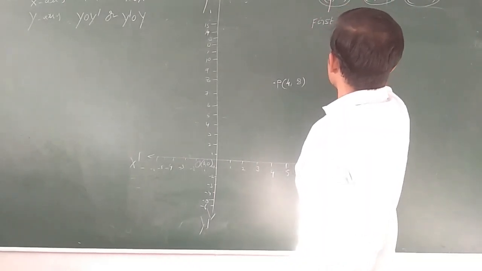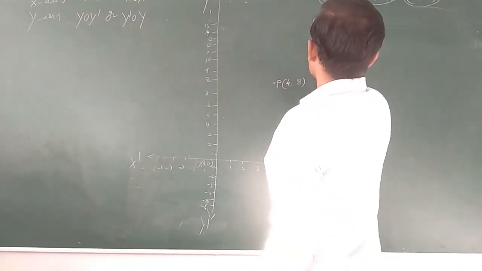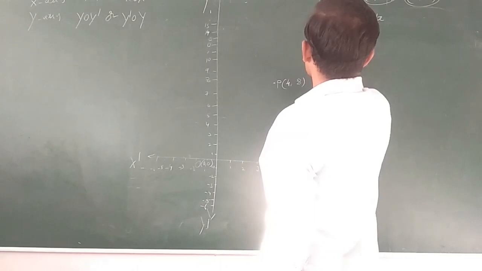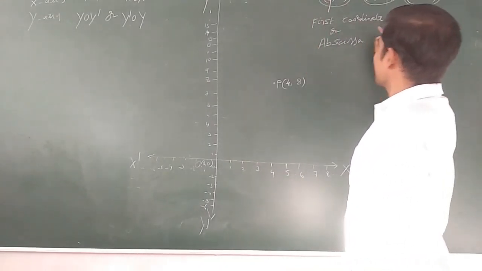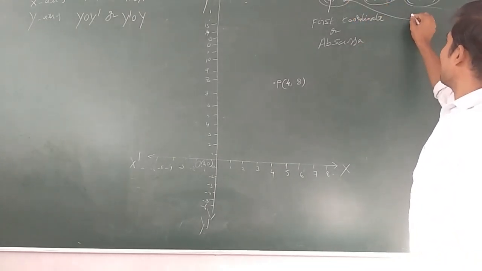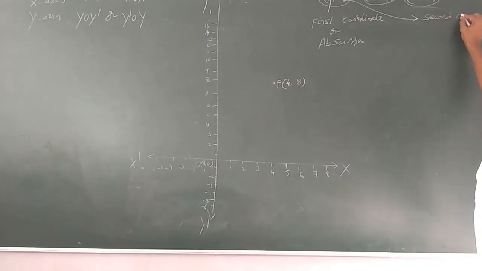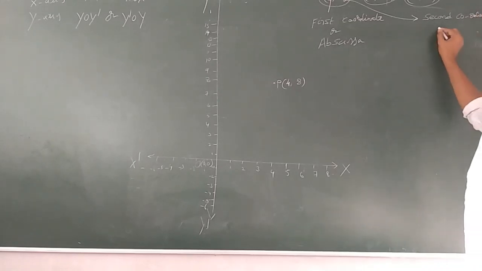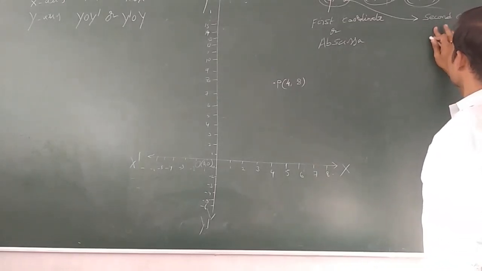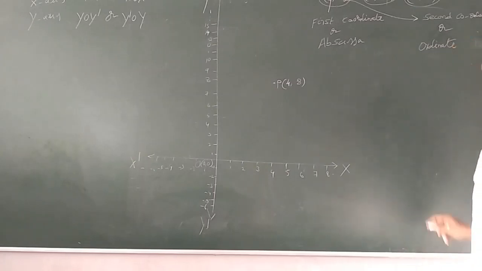First coordinate or abscissa. And the second element is called second coordinate or ordinate, right?